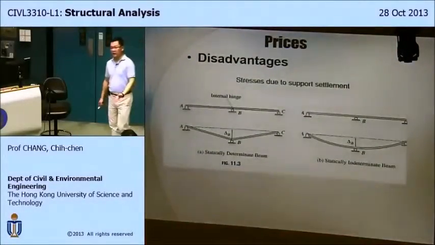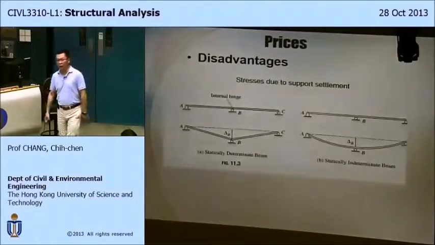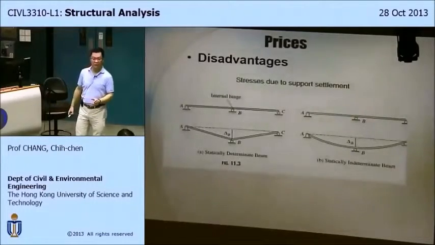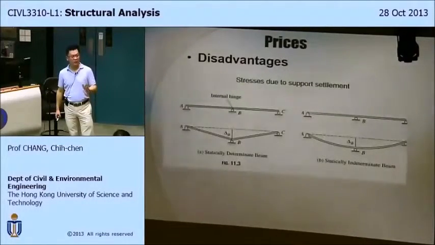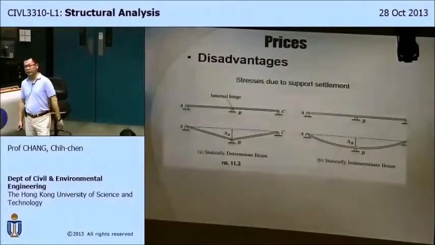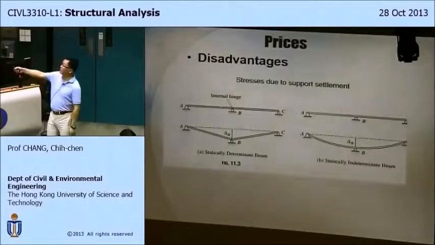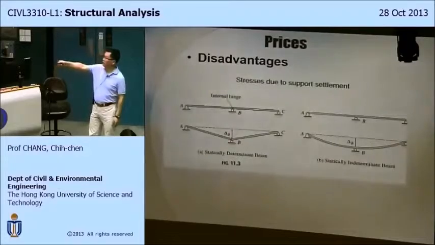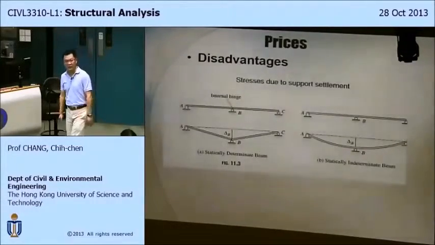Now, they also come with disadvantages. It's not all win-win situations. The disadvantage is you're going to see some sort of stresses that are not supposed to be there for determinate structures. So for instance, this is simply supported. There's a hinge there, so simply supported connections. If I have a settlement, it's quite common in civil engineering to see some sort of settlements.